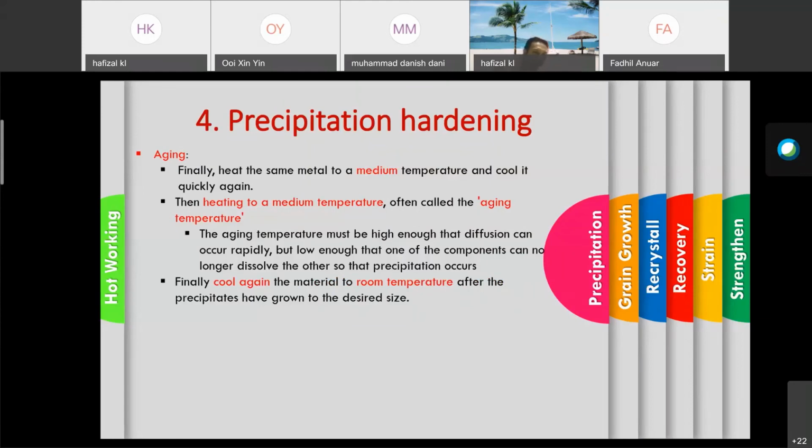The aging process gives enough diffusion of the metal so that the atoms lock at that certain position, and finally it cools again to room temperature, and we obtain the final product.